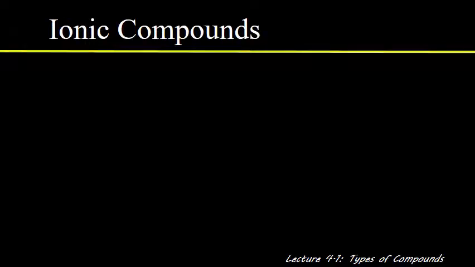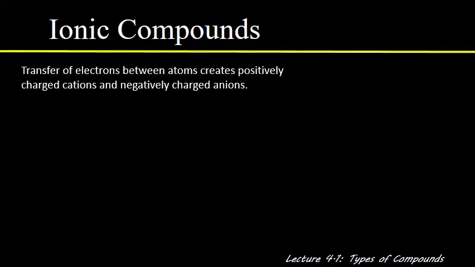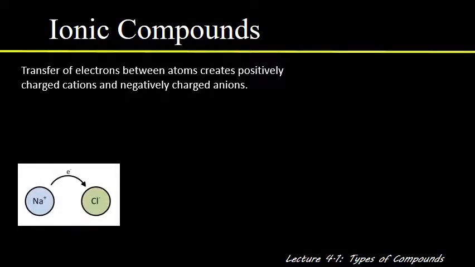All right, so first let's look at ionic compounds. Ionic compounds are those that are composed of two ions, a positively charged ion, a cation, and a negatively charged ion, which is an anion. Those are combined together to make an ionic compound. So for example, sodium chloride: the way this forms is a sodium atom transfers an electron to a chlorine atom.